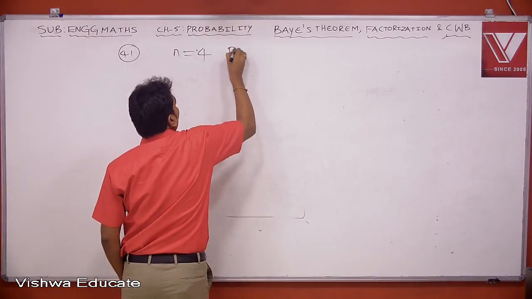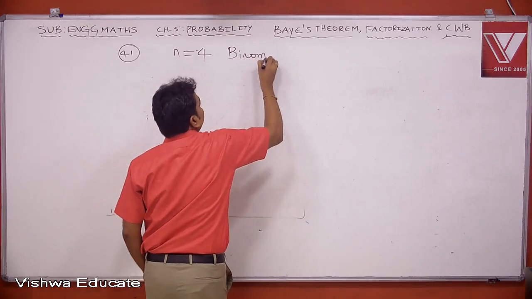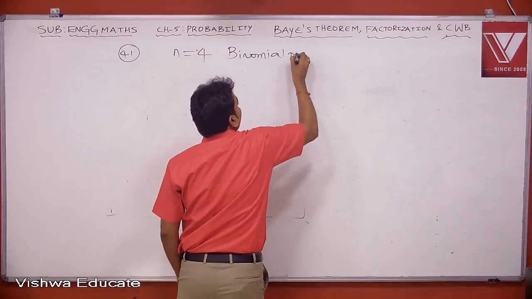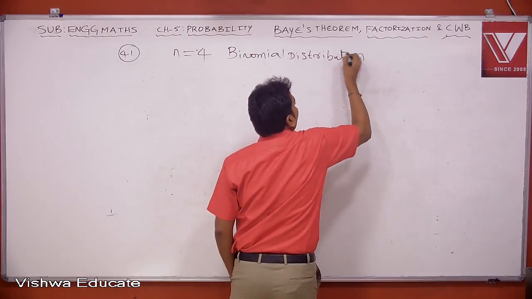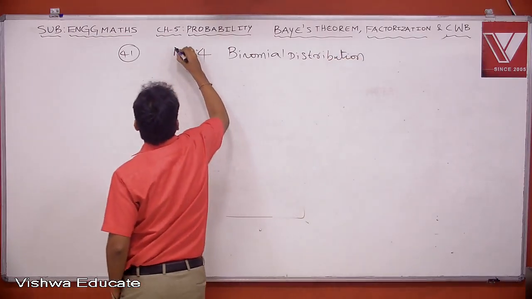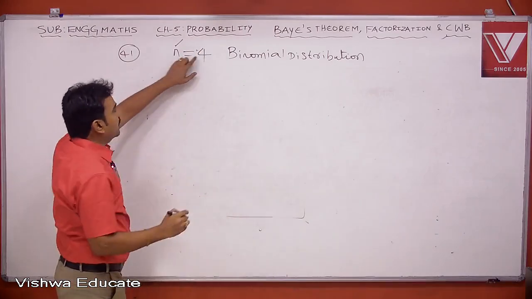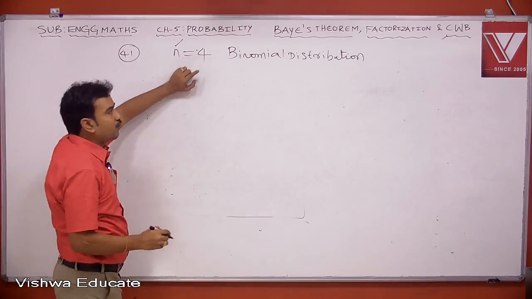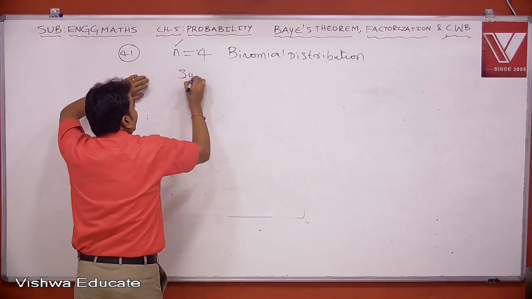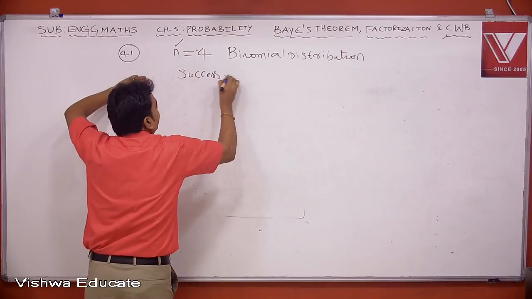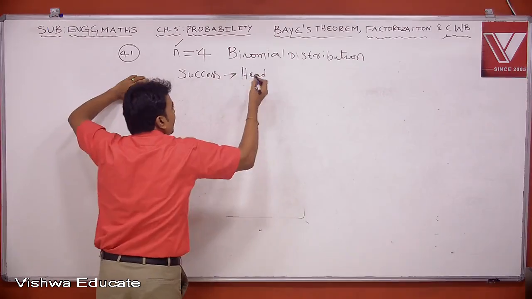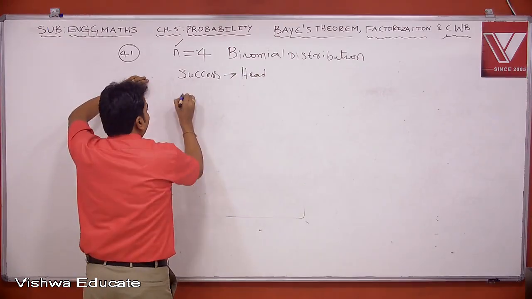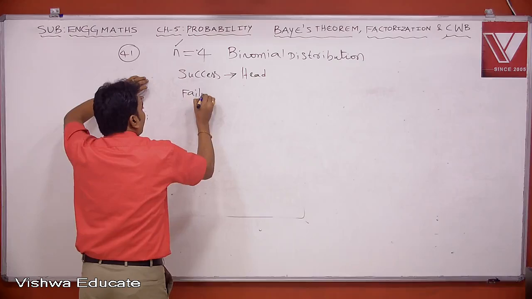I am going to apply binomial distribution. Here n represents the number of times a trial is conducted. So the coin is tossed 4 times. Assume that getting head is success and getting tail is failure, whatever it is.